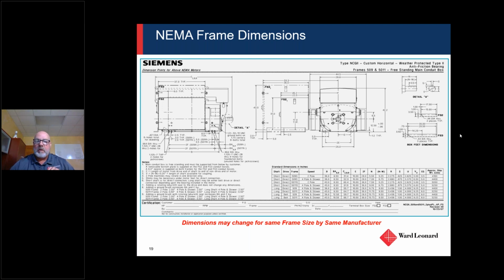So if we were to replace a large motor, that's where we would probably ask for a dimensional data sheet, just to make sure we had all of these dimensions the same, right? They don't even call it out as 2B, or use the same type of nomenclature in the data sheet. So we would want to know what the 2E is, what the 2F is, the shaft height, all that stuff. You just have to verify that in an above-NEMA application.